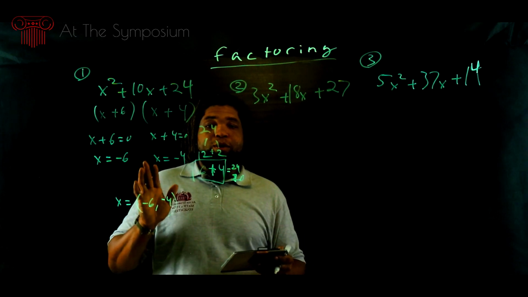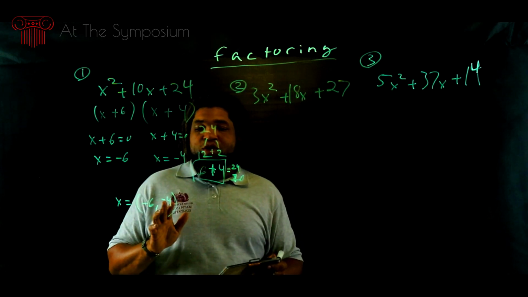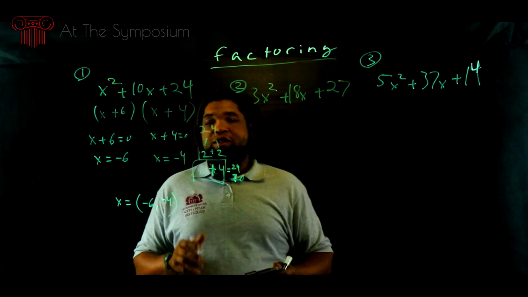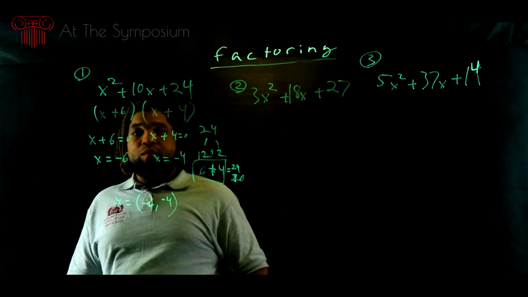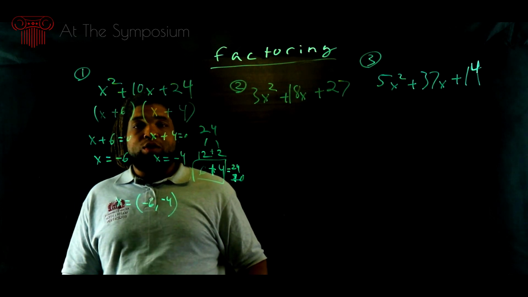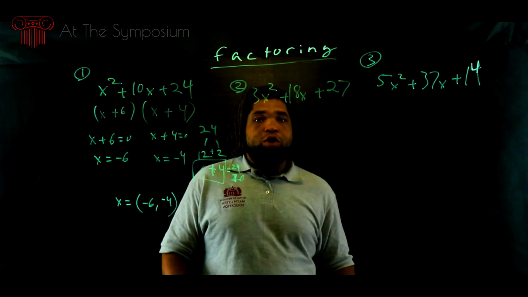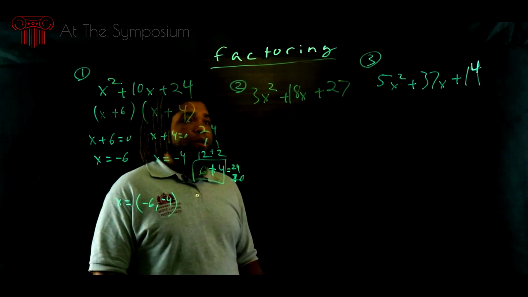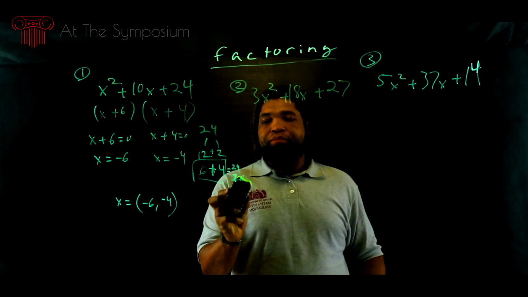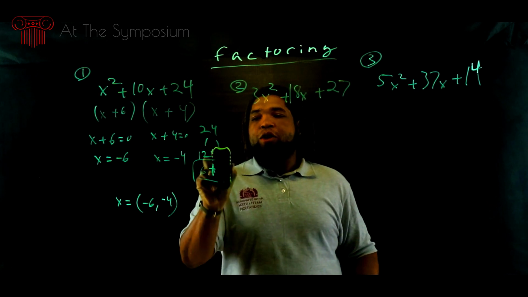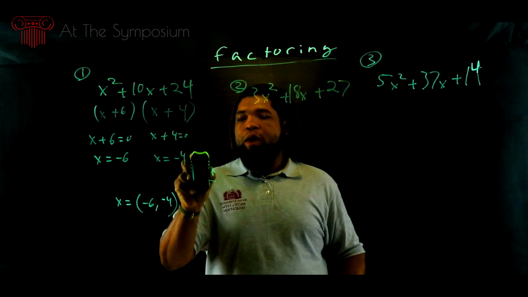Okay, that's the most basic, simplest kind of factoring equation that we can deal with. So now let's try and do number 2. Number 2, if you haven't noticed already, has a larger coefficient, okay?